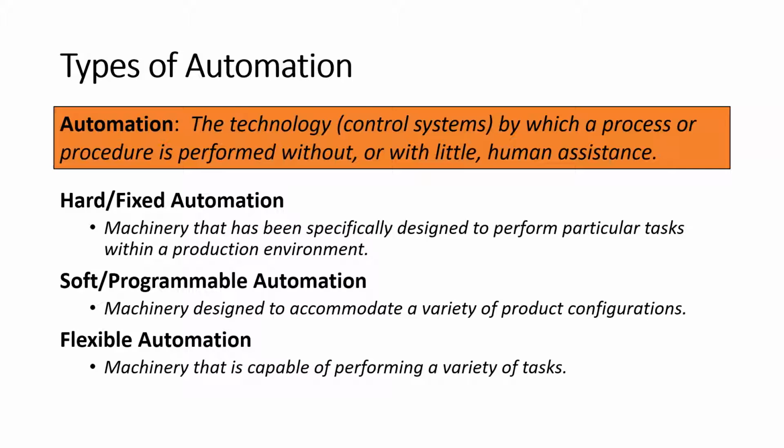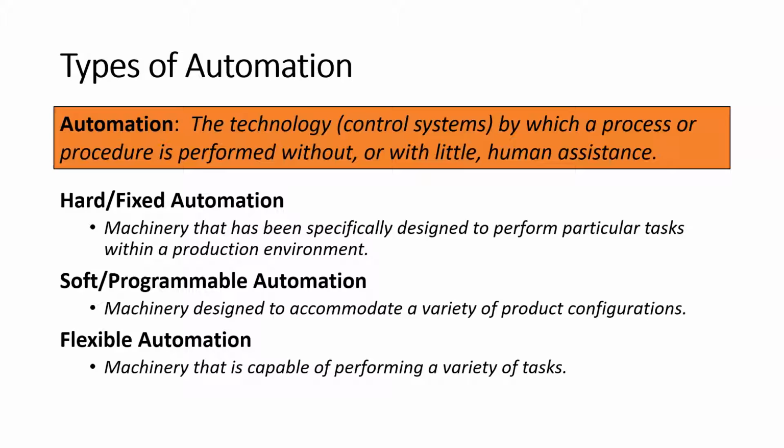The three types of automation are hard or fixed automation, soft or programmable automation, and flexible automation. When we talk about hard or fixed automation, we're talking about machines that are specifically designed for a certain task, and they really can't be changed.